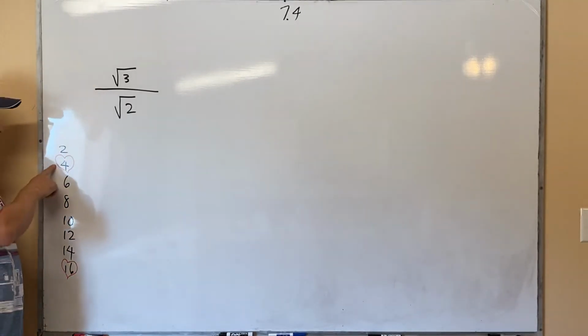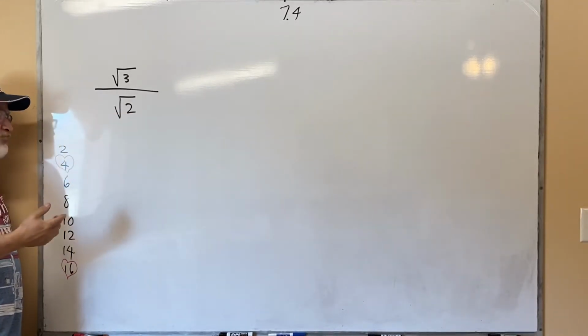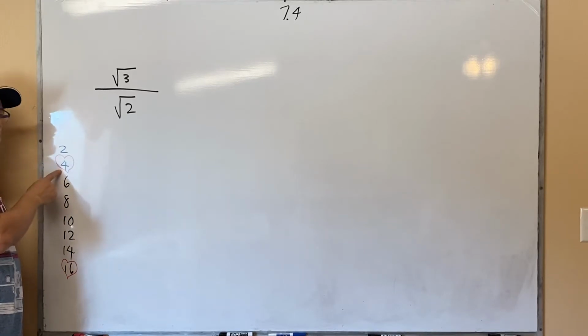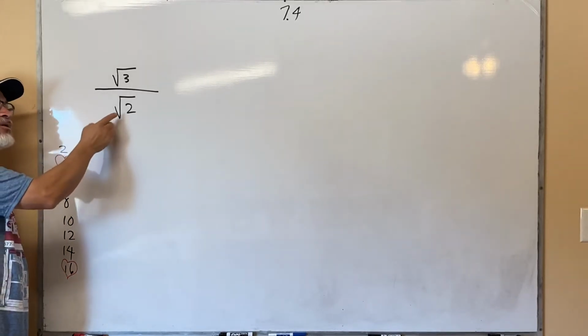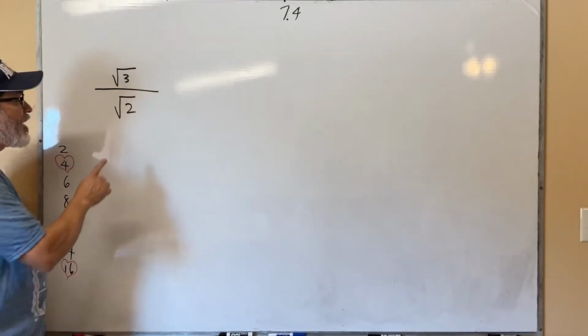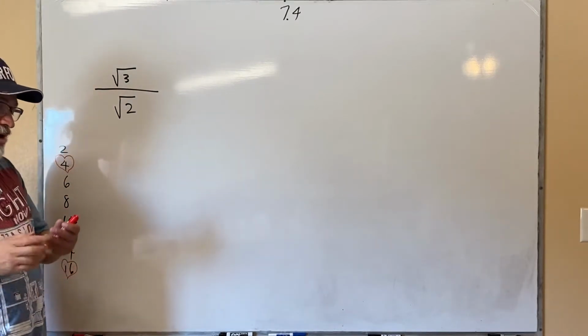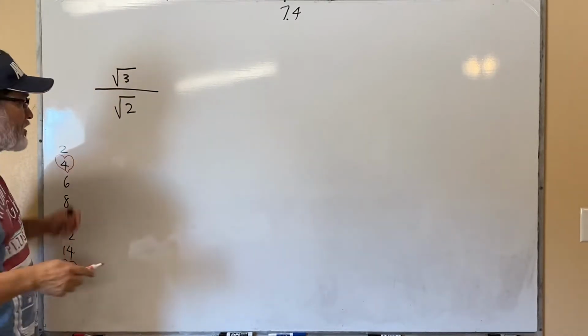But you know what? I'm going to use this. I'm going to make this 2 a 4, because we love perfect squares under the square root. Now, legally, how can I make this a 4? I can make it a 4 by doing this.